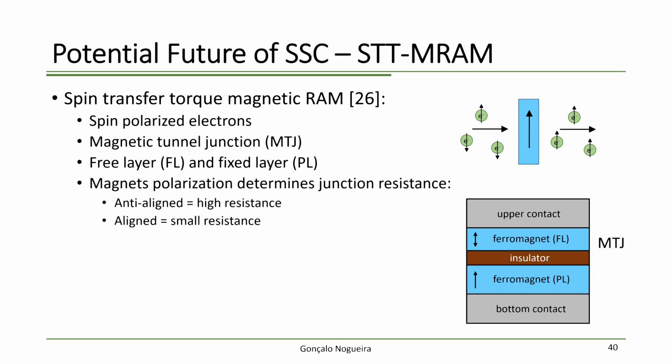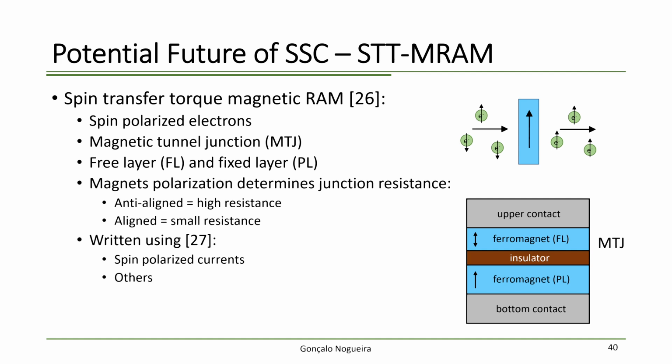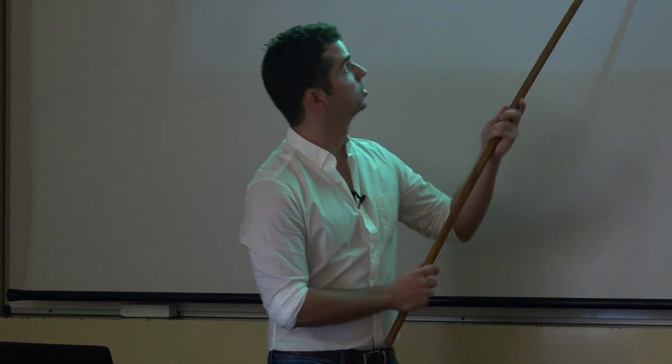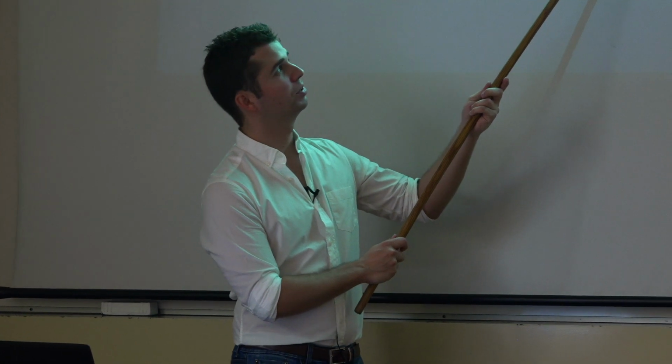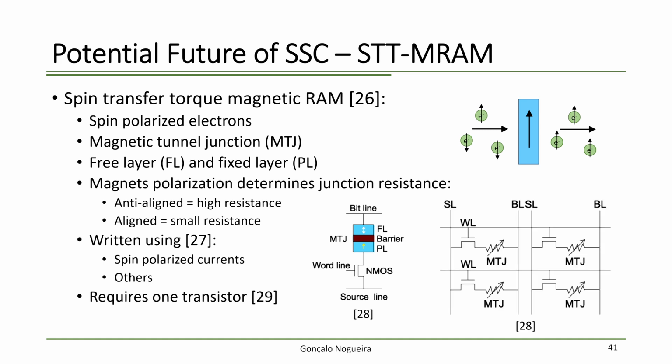This is usually written using spin polarized currents or other options, but the most common one is spin polarized currents. And this is very attractive due to the fact that it uses only one transistor for the memory cell. So what you're seeing here is one memory cell.